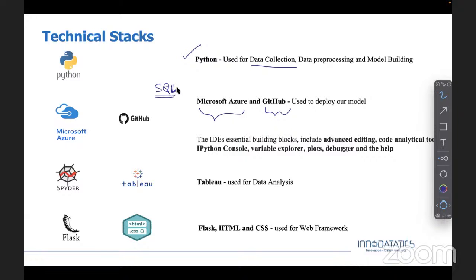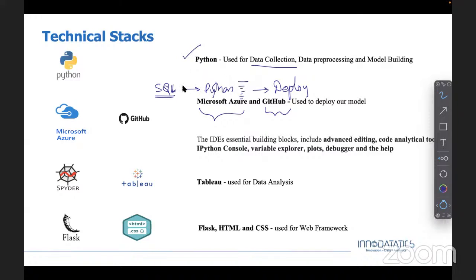So we will show you how from SQL Server you pull the data using Python, how you run all the lines of code, and how you actually deploy the model in production. For deployment, it was done on cloud on Azure.